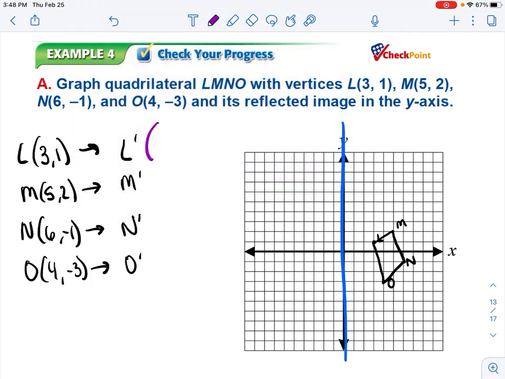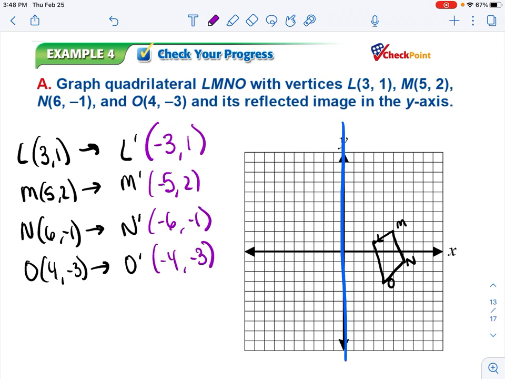So in the y-axis, the y stayed the same, the x's switch signs. And that is our reflection in the y-axis of this one.